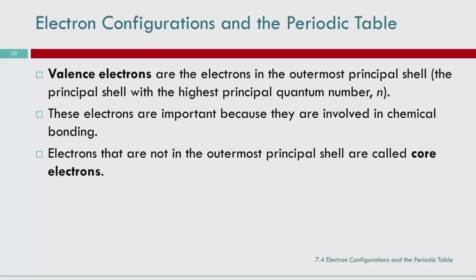So part of the reason we're talking about electron configurations is so that we can talk about valence electrons. Valence electrons are outside electrons, outermost electrons.